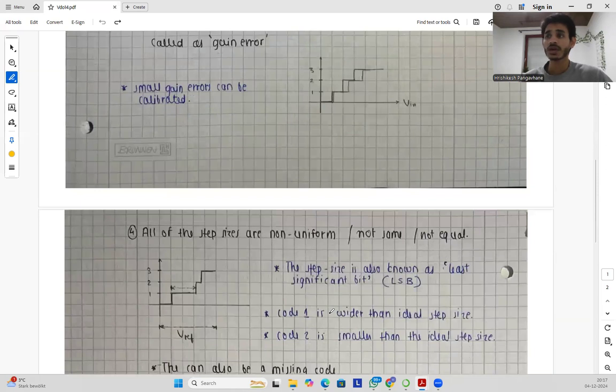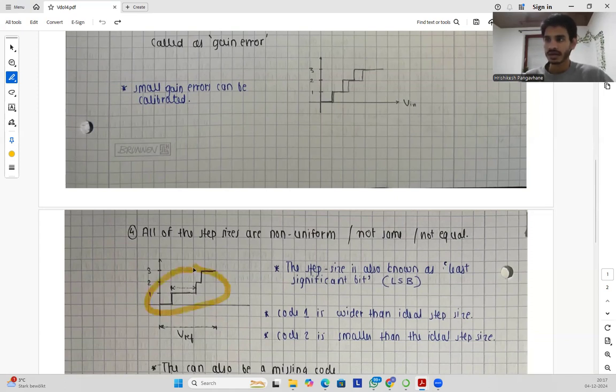So talking about the next error, all the step sizes are non-uniform, so basically not the same or not equal. The step size is also called the least significant bit, which is LSB. We'll talk about it in some time.